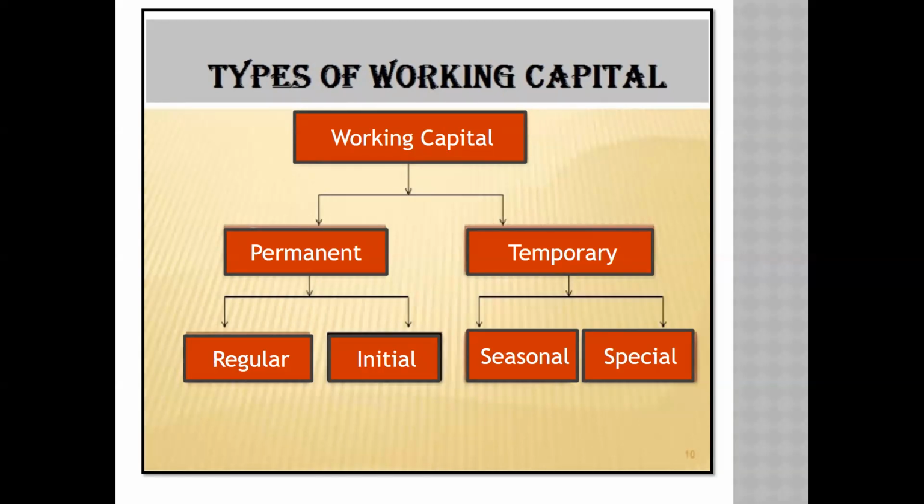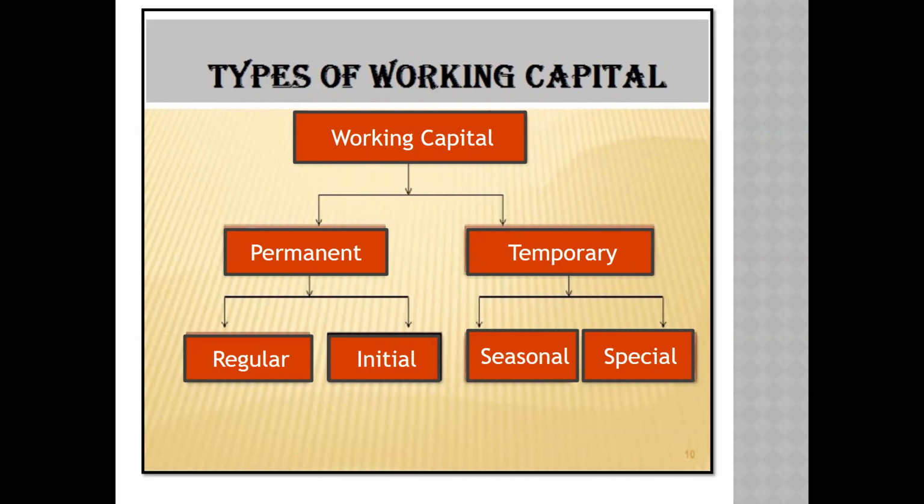Now I divide permanent into two parts, regular and initial. Regular means that part of permanent working capital which is required for the continuous business operations. Clear? And what does initial working capital mean?